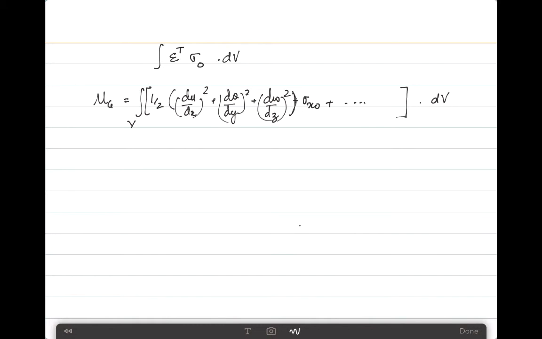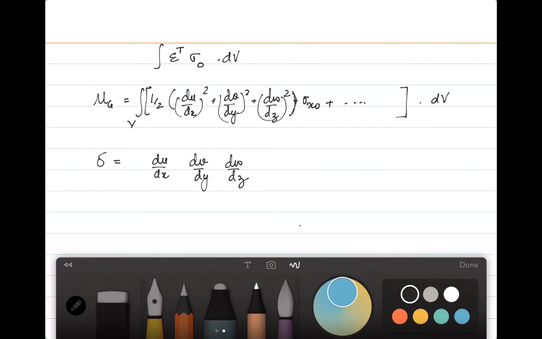Now if we say that we have a certain displacement vector which is given as du dx, dv dy, dw dz, and in the same way for all the different terms. Sorry, I should write this in the correct way.